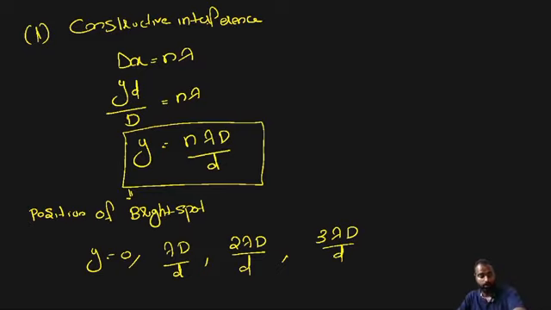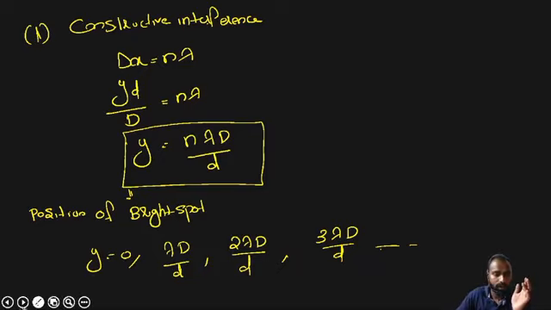That is, central maxima, first maxima, second maxima, third maxima, and so on. This is the condition for constructive interference.